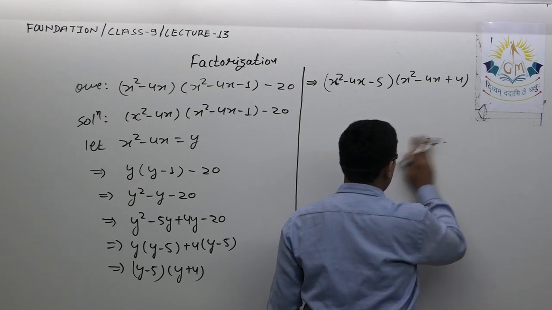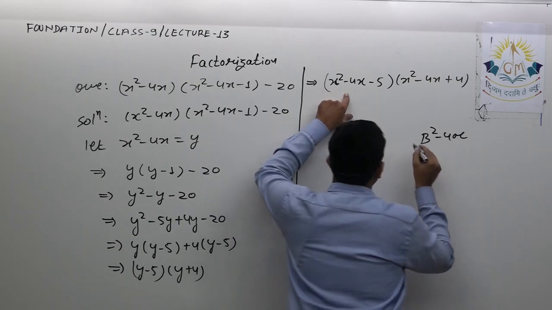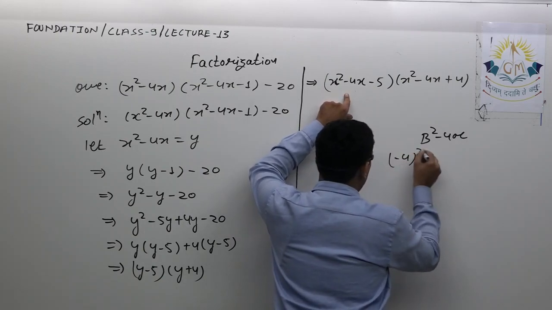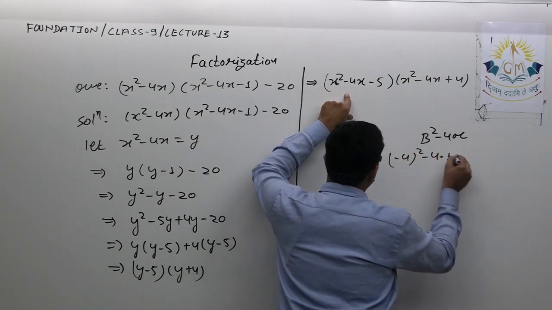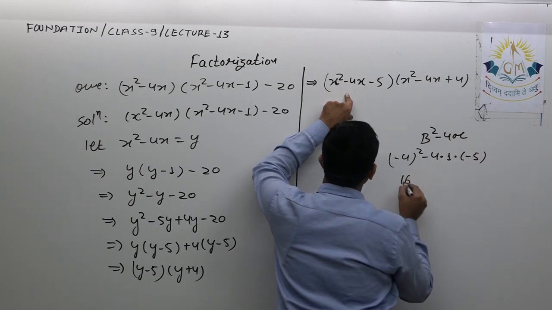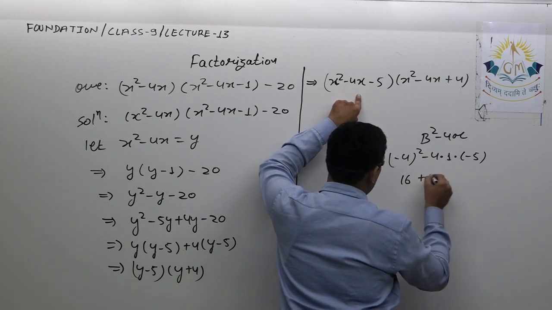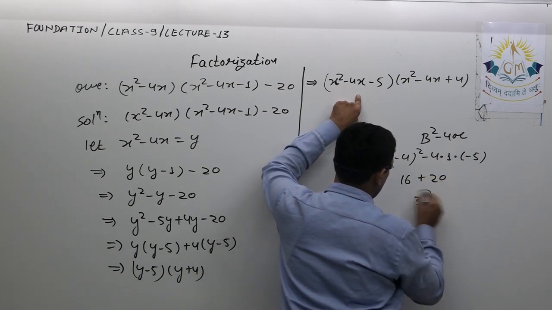B square minus 4ac over here, it is minus 4 square minus 4 into a into c. So 16 plus 20. Yes, it is 36.